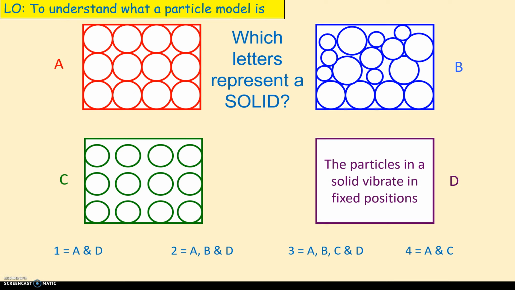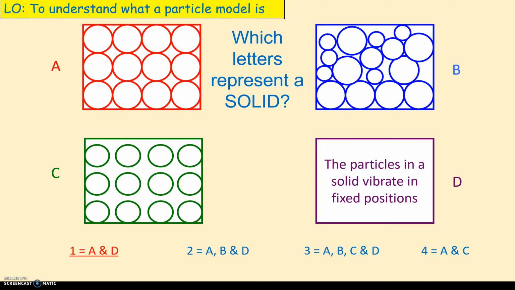Okay, let's have a quick game. So we have got 4 images on our screen, and your job is to choose which letters represent a solid. Quickly shout or write the answers down now. Okay, right? You should have had A and D. All right, so the particles in a solid vibrate in a fixed position.